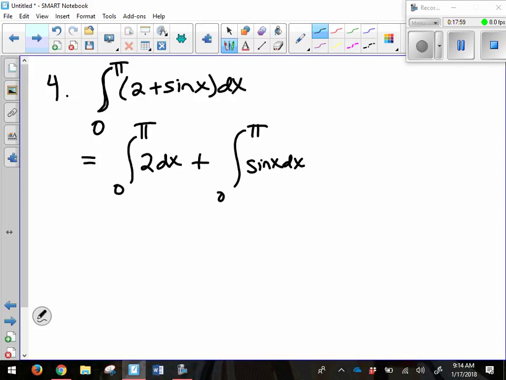Okay. I know what this is, right? So we're not going to worry about that for the moment. That was defined at the beginning. But this part here is the integral of a constant. And what does theorem 2 tell us about the integral of a constant?